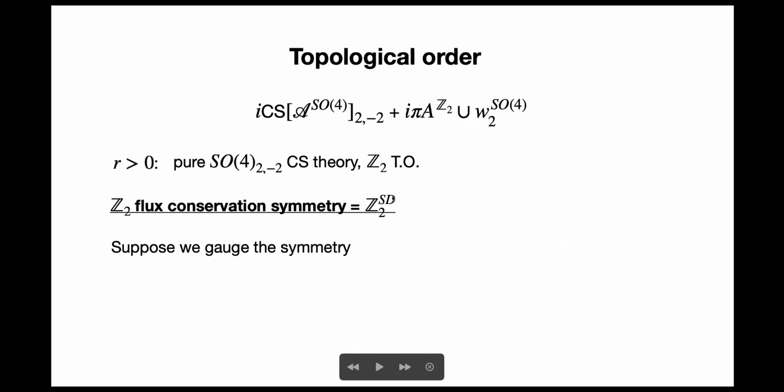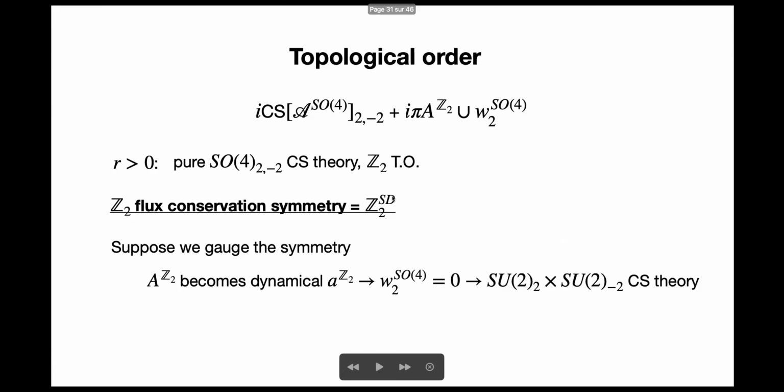As I said, we first turn on this background term, this i pi A cup W2 term. When you gauge it, we turn this background gauge field into a dynamic gauge field, and then we can integrate it out. The equation of motion will tell us that W2 will be 0 now.